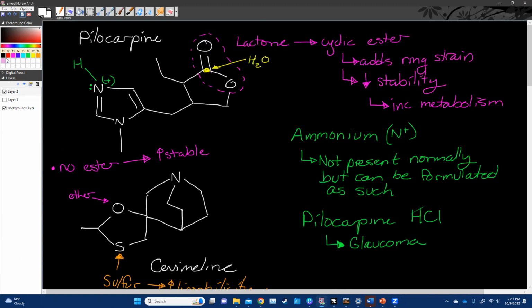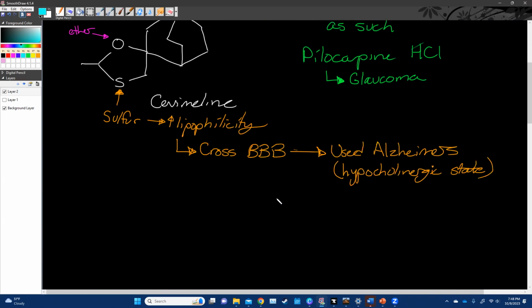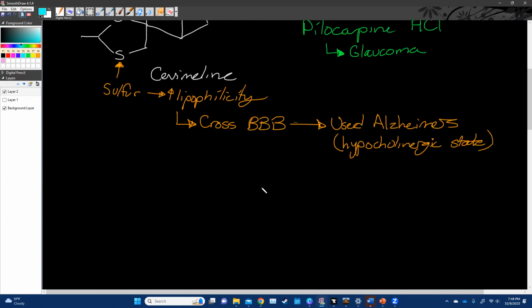Also, real quick, what functional group is this ring here in pilocarpine? This is a heterocyclic ring that you guys should be aware of. Exactly, imidazole. Very nice. Any questions about the muscarinic agonists?